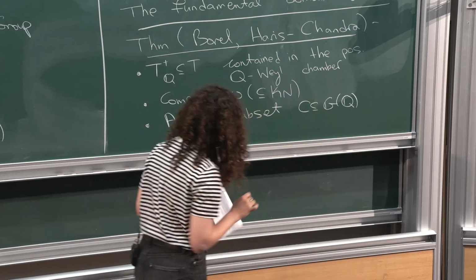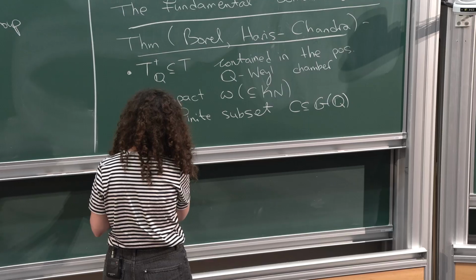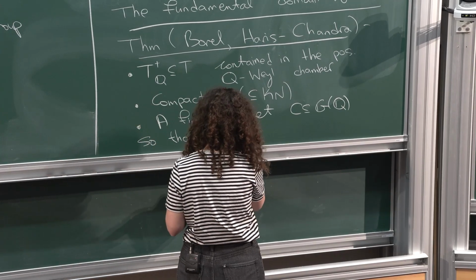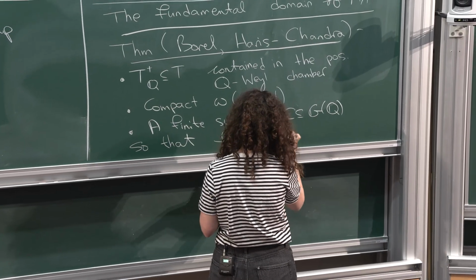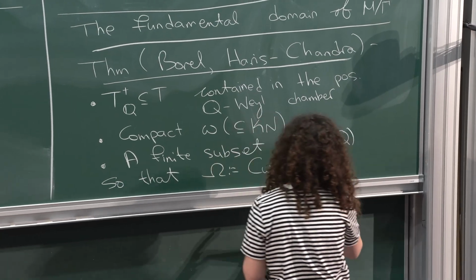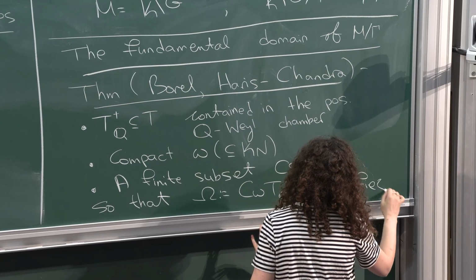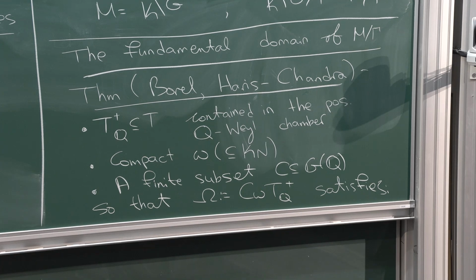Okay. So there's some finite set of rational points, and so that if you take Ω to be this C·W·T_Q^+, it is going to be a fundamental domain.